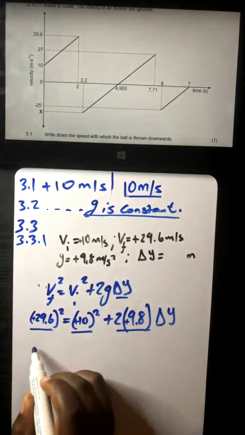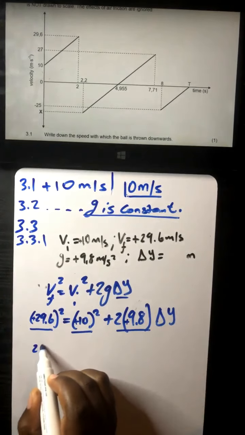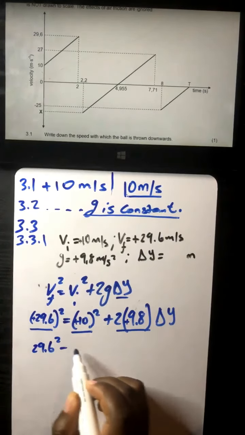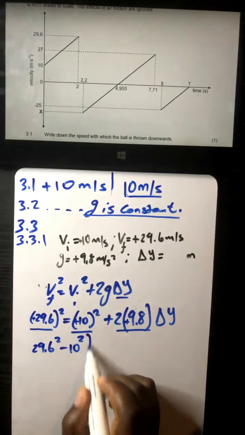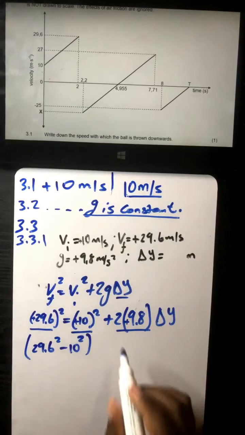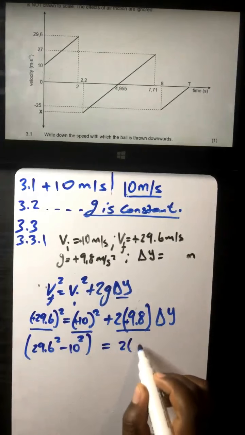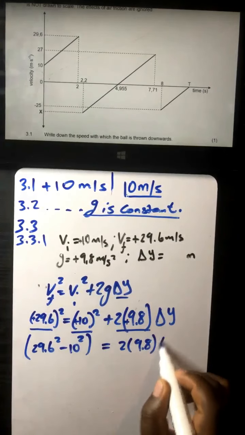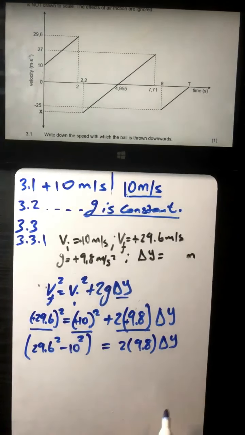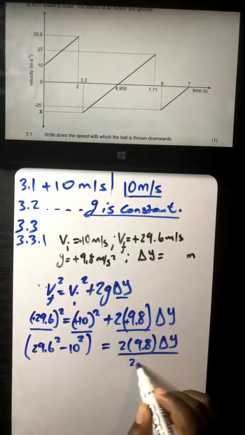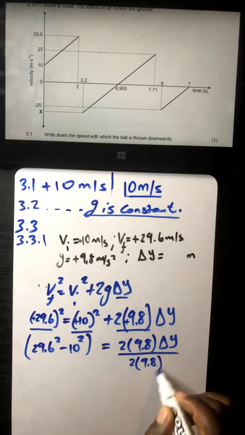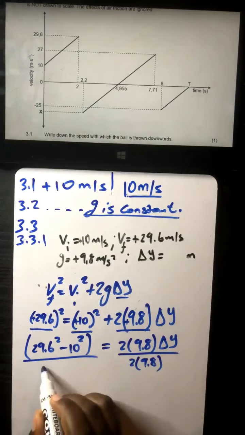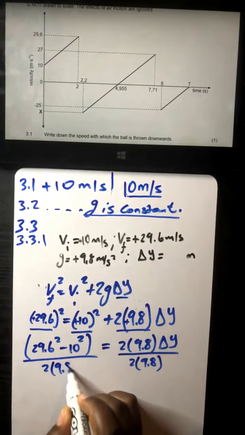So it's 29.6 squared minus 10 squared, equals 2 into 9.8 delta Y. So we are going to divide by 2 into 9.8, and do the same on the other side.